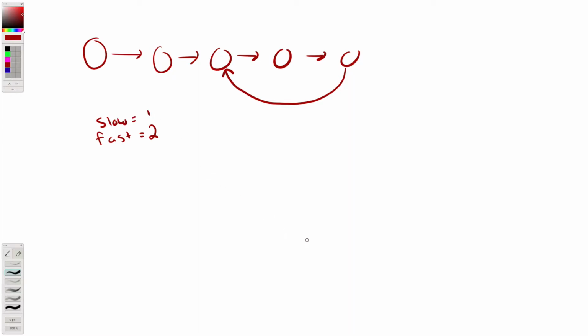And if they ever meet, then you know there is a cycle. If the fast gets to the end or the null at some point, then you know it didn't have a cycle. But what's going to be important this time is where they meet.